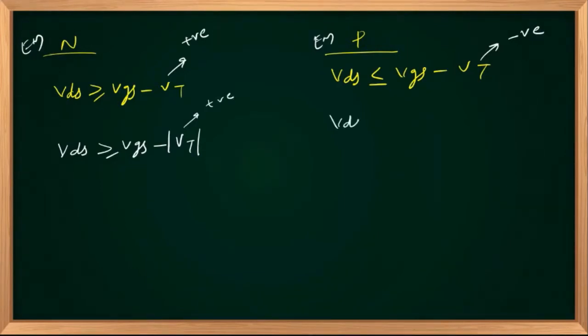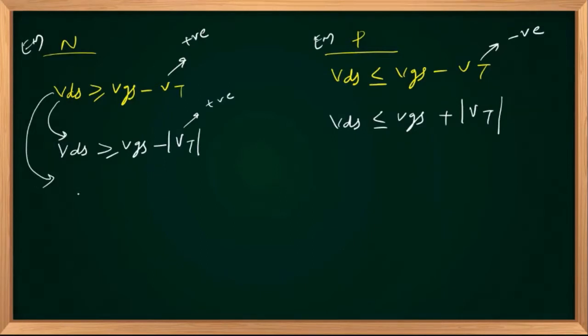Similarly, you can write it as VDS less than or equal to VGS plus magnitude of VT, no issues. Because this is negative, and negative will become positive, so plus a magnitude of that. That is also true. Right?